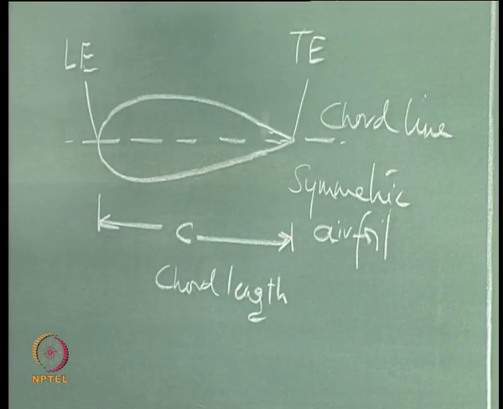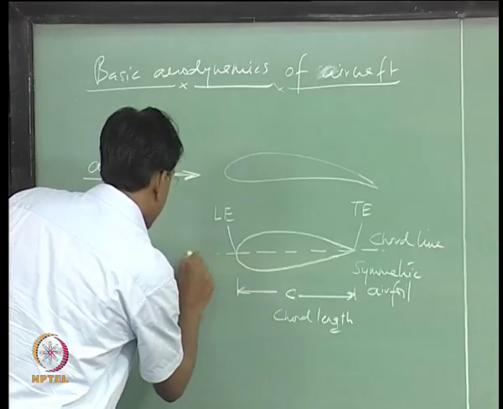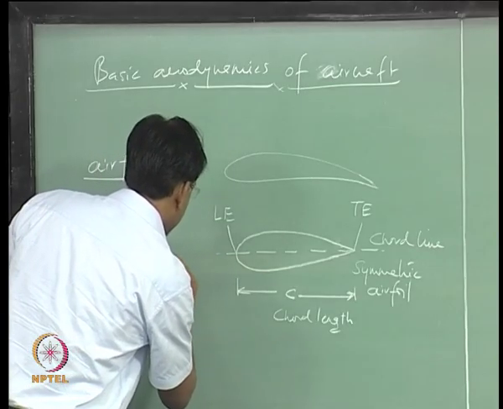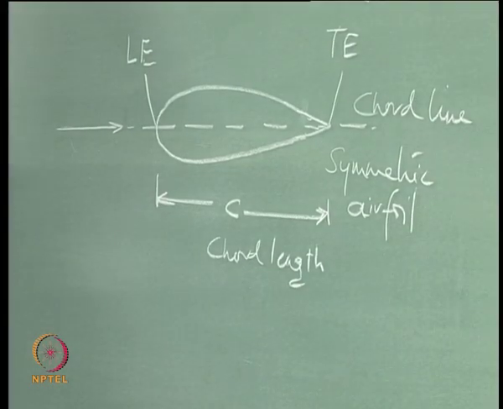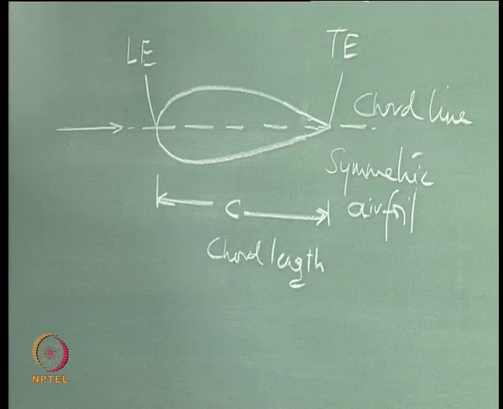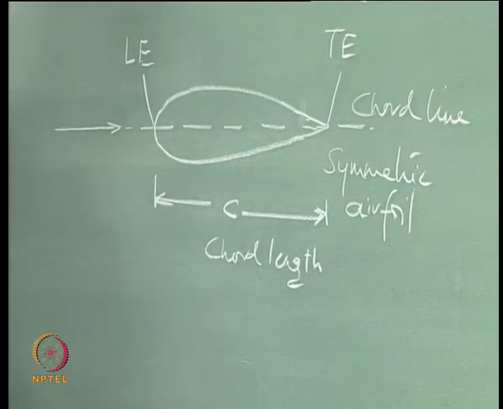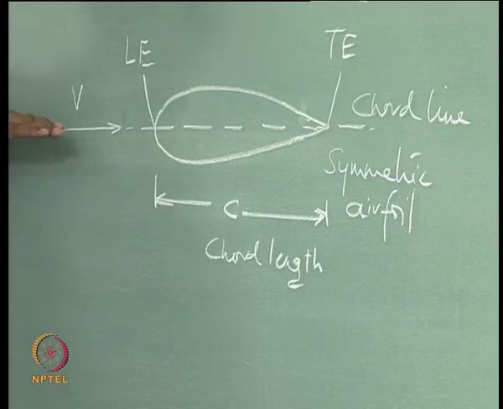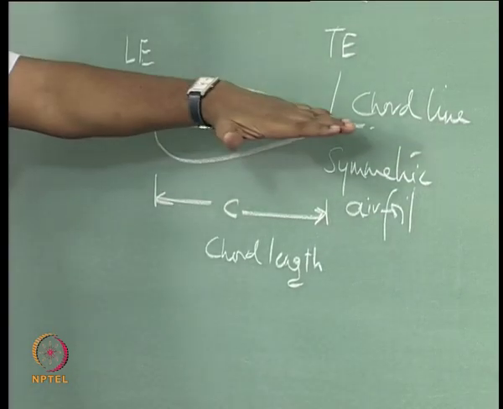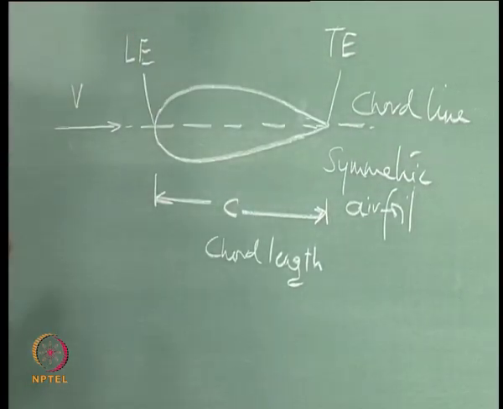So, this airfoil is symmetric, and what it means is, if the relative wind is coming along the chord line of this airfoil, then the angle of attack, which is measured with respect to this chord line, is 0.